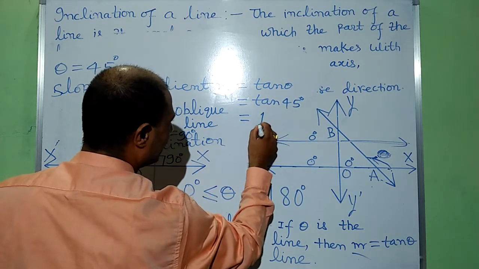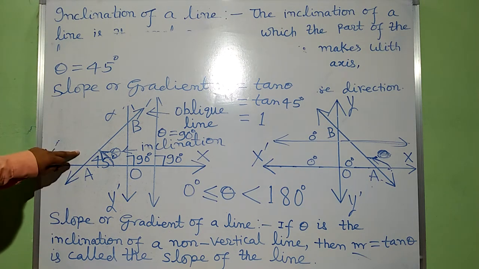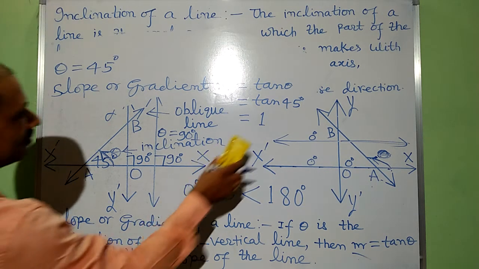Finally, it is 1. As value of tan 45 degree is 1, gradient or slope of this line is 1.